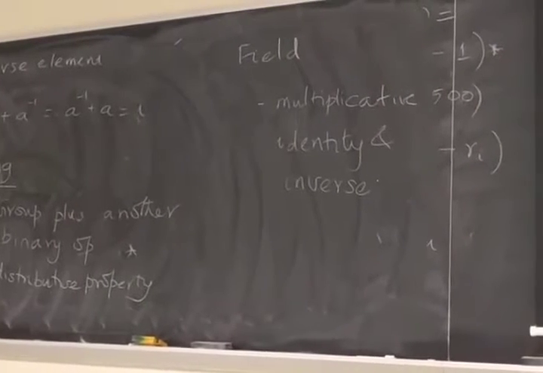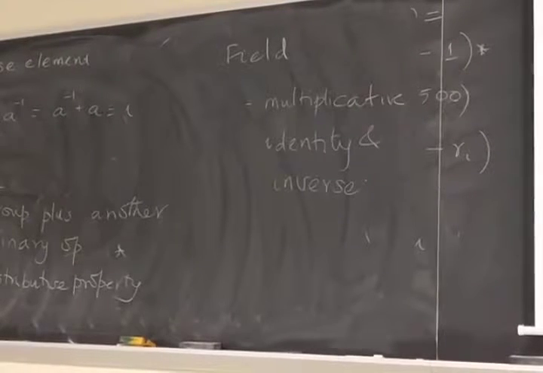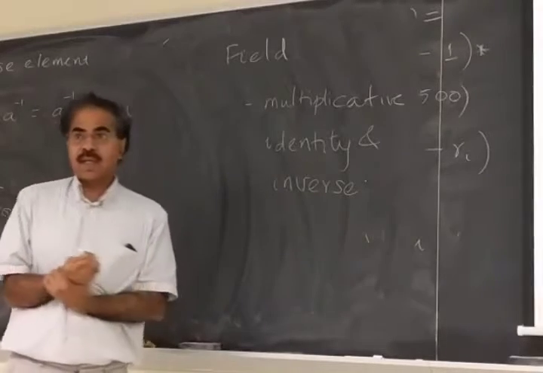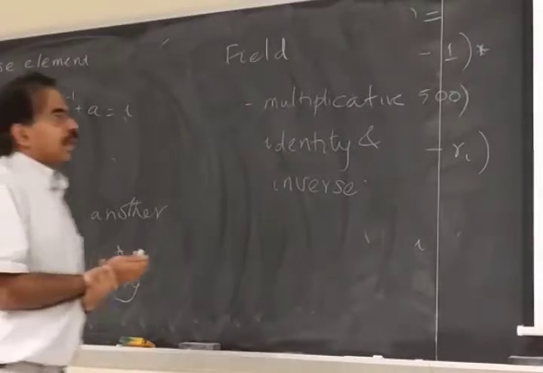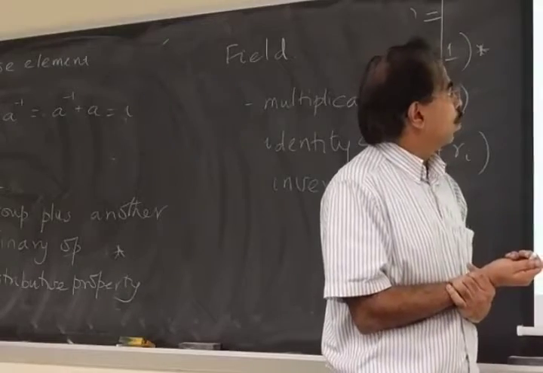If I give you 7, the multiplicative inverse of 7 is 1 by 7, and that's not an integer. So integers don't form a field, but rational numbers form a field. Essentially what we need is to work with a field.